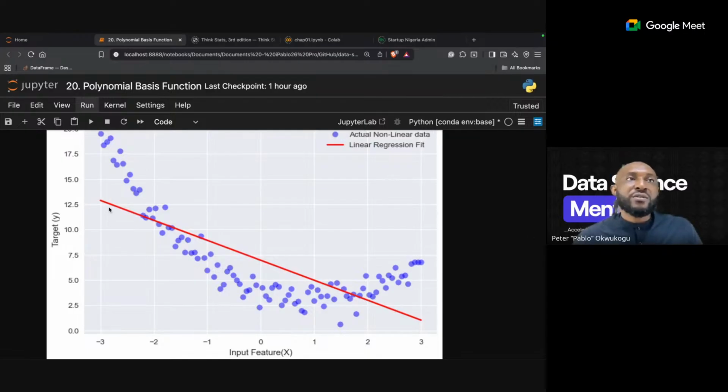At this point, what we need is what we've talked about. The best time for this is for us to now use linear regression with a polynomial feature fix, or the polynomial basis function.